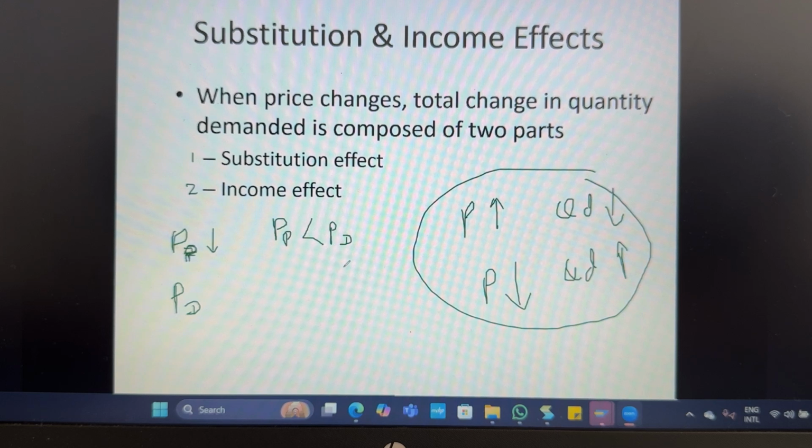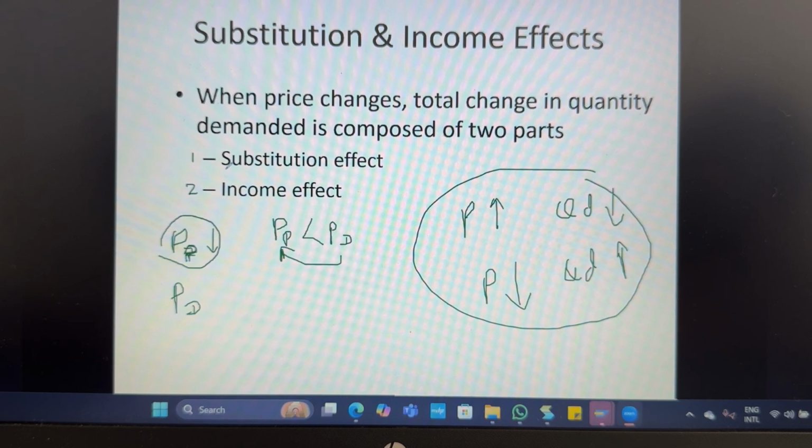How does this increase happen? Because now pizza lovers would find that Domino's is relatively expensive. Therefore, some people are substituting Domino's pizza with the relatively cheaper pizza, that is Pizza Hut's pizza. So because of this substitution, demand for the pizza after reducing the price is increasing.